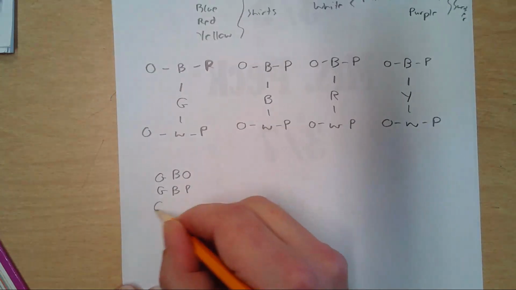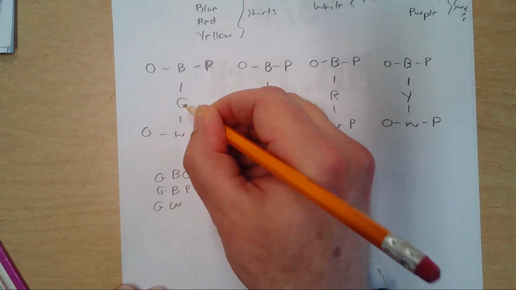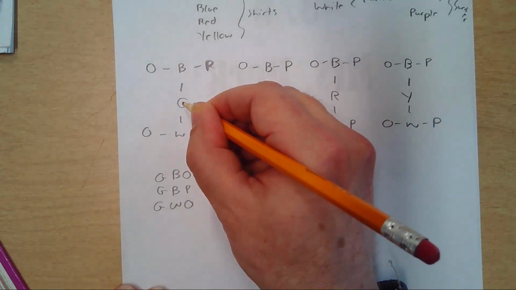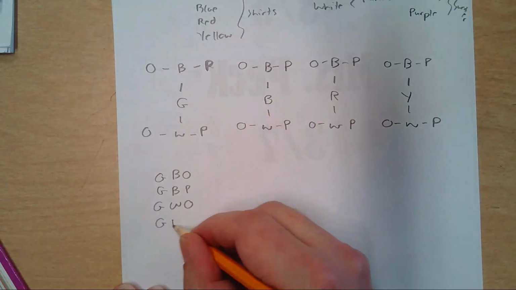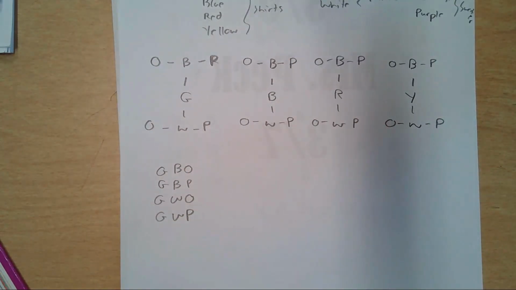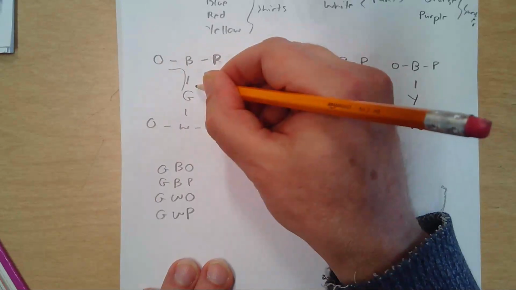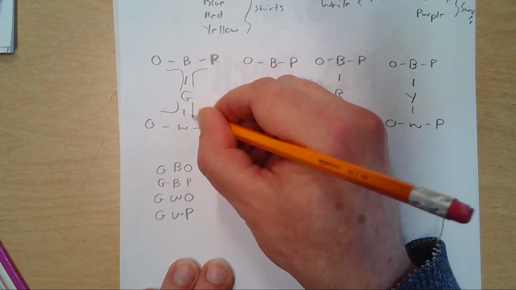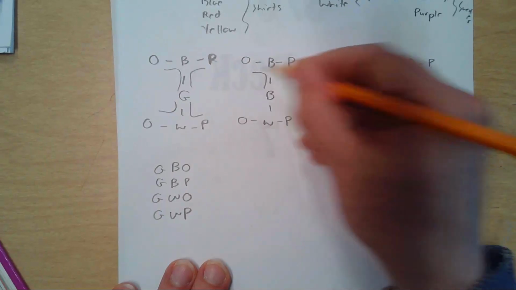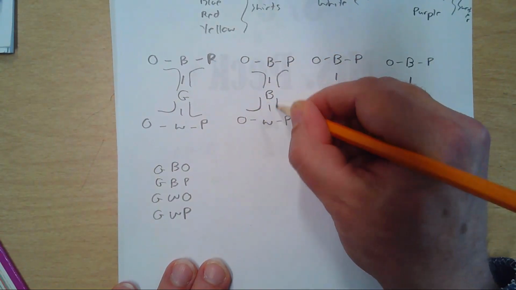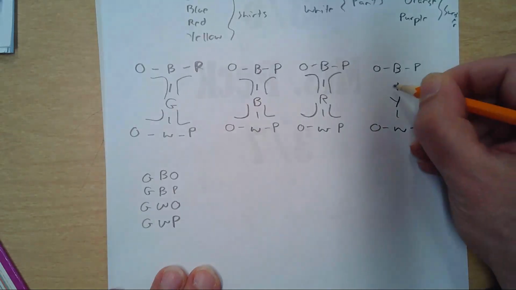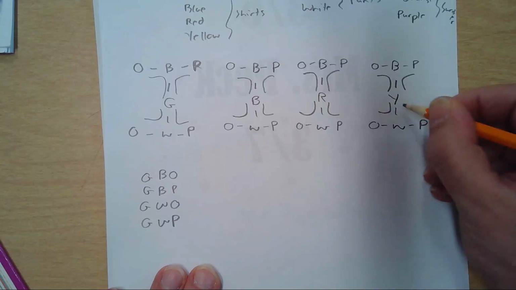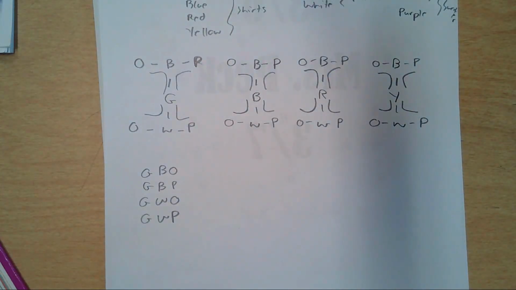I could have the green shirt, the white pants, the orange sweater, the green shirt, the white pants, the purple sweater. 1, 2, 3, 4. And ditto over here. 1, 2, 3, 4. 1, 2, 3, 4. 1, 2, 3, 4. And I'm not going to keep writing them all out here.